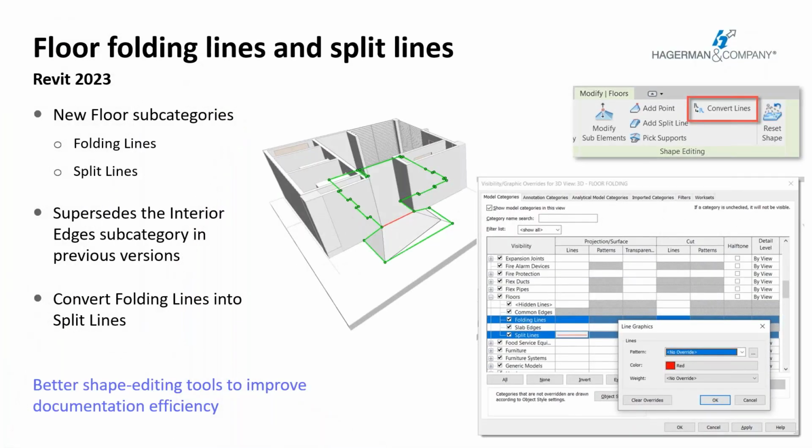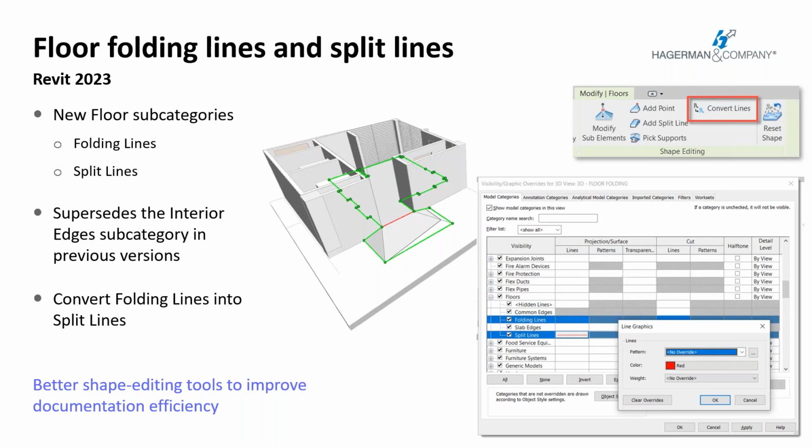All right, so Revit 23 introduces new enhancements to control the display of shape-edited floors. When you modify a flat floor with shape editing tools, you can add points or split lines to divide the surface into subregions that slope independently.